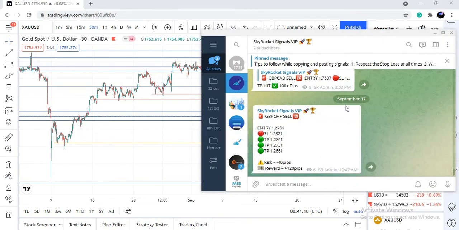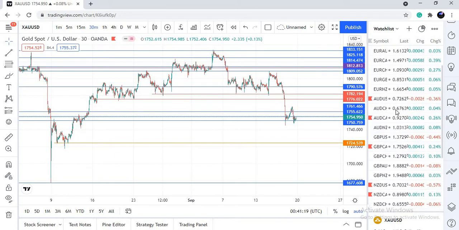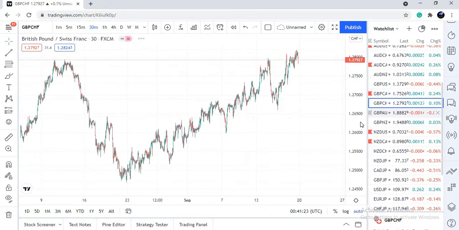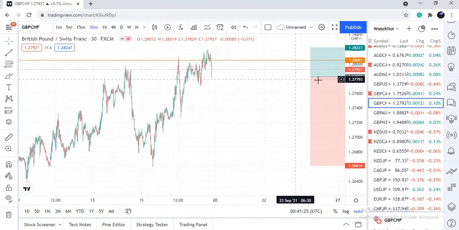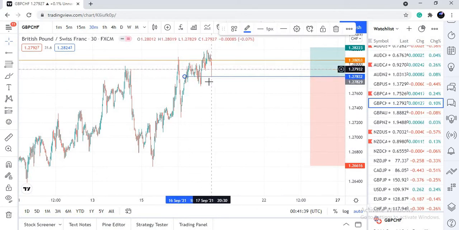And the last trade that we took for last week was the GBP CHF trade. We took a sell on this trade, and this trade hasn't concluded yet. I think this trade is currently in loss. It's floating in losses. We placed it around this level. It began moving up after we placed the trade around this level.